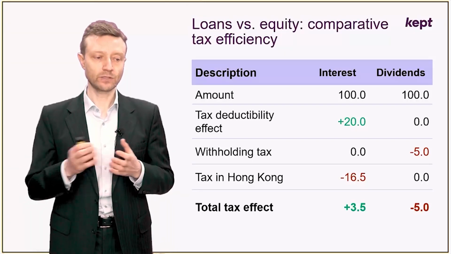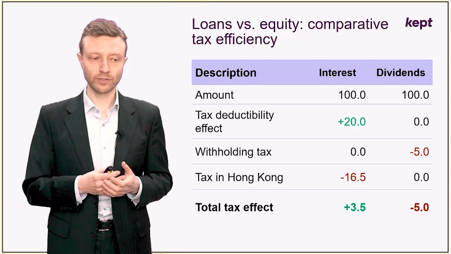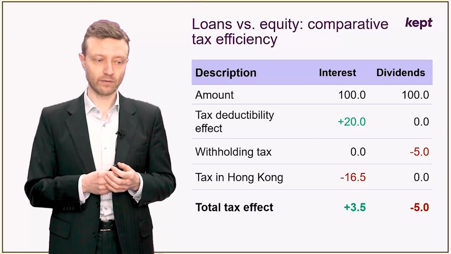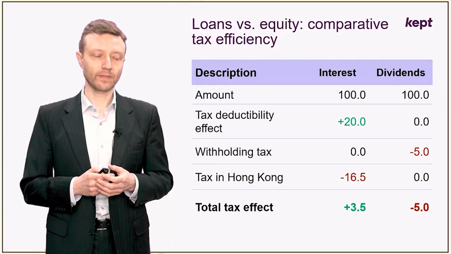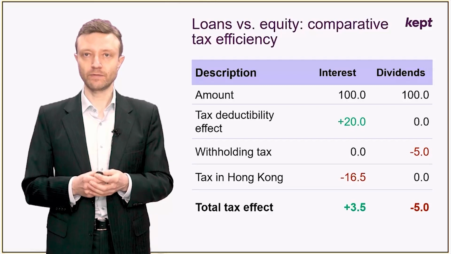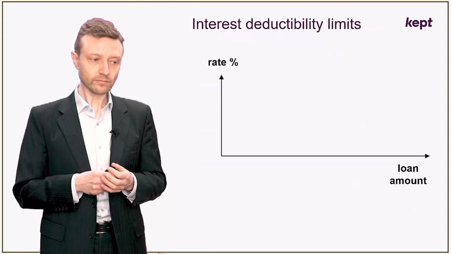This is why the total balance, the total tax effects of dividends compared to interest, is in favor of interest. This is why, if done properly, interest is more beneficial, and loan financing is preferred.